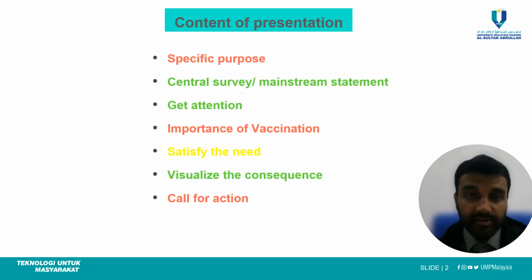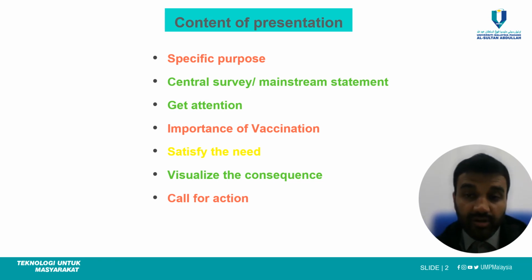This is the content of my persuasive speech. Starting from the specific purpose, then the central idea or main statement. After that, get attention, then importance of vaccination, then satisfy the needs. After that, visualize the consequences and then call for action.